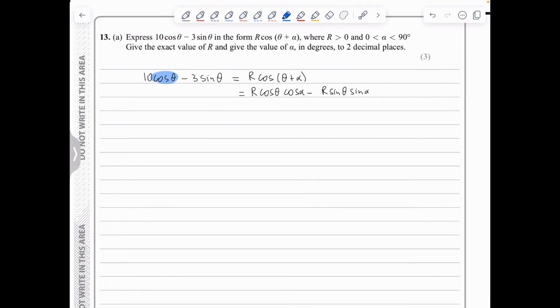The cos theta terms are equal and the sin theta terms are also equal. Notice that the negative sign in the middle cancels out, and we have that 10 is equal to r cos alpha. I'm equating coefficients here, and 3 is equal to r sin alpha, leading to 10 over r is equal to cos alpha, and 3 over r is equal to sin alpha, which I can easily put on a triangle here.